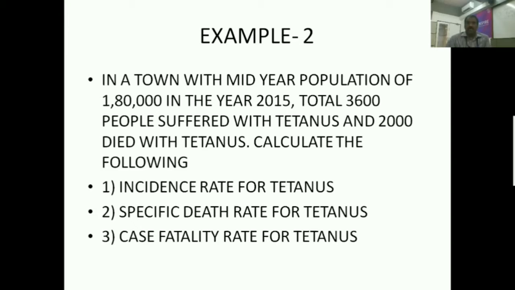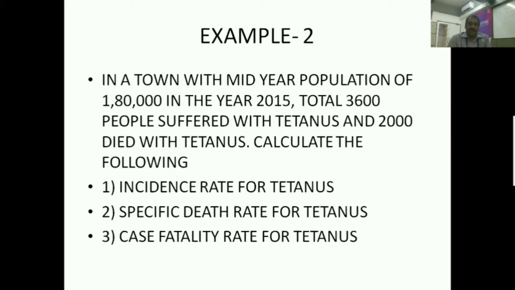Please go through the question once again, I am repeating. In a town with median population of 1,80,000 in the year 2015, total 3,600 people suffered with tetanus and 2,000 died with tetanus.